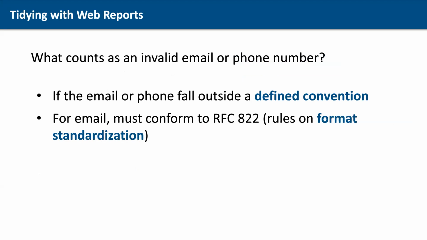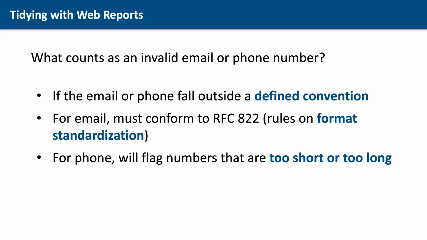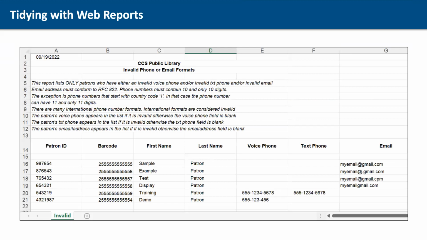For email addresses, an email is considered invalid if it falls outside this set of rules, which set format standardization. Phone numbers that contain an inappropriate amount of digits will be flagged. We'll see some examples of both phone and email here. Here's a screenshot of what this report looks like with some fake invalid data.